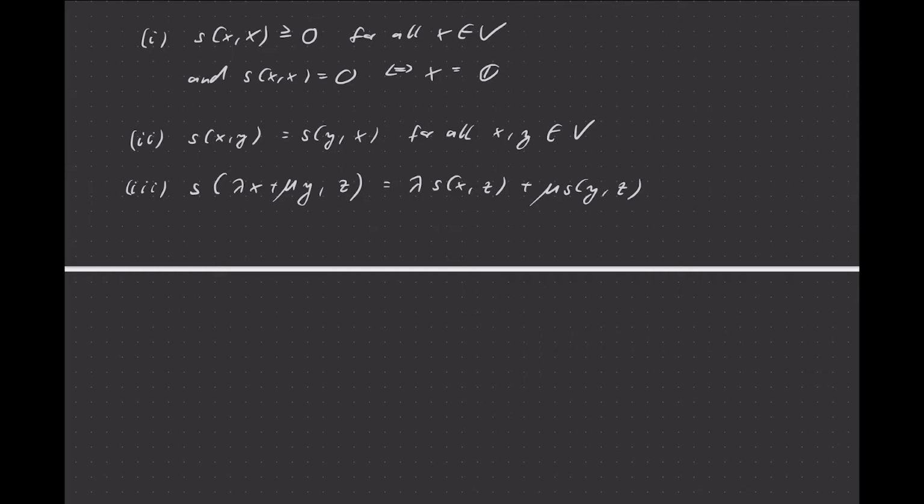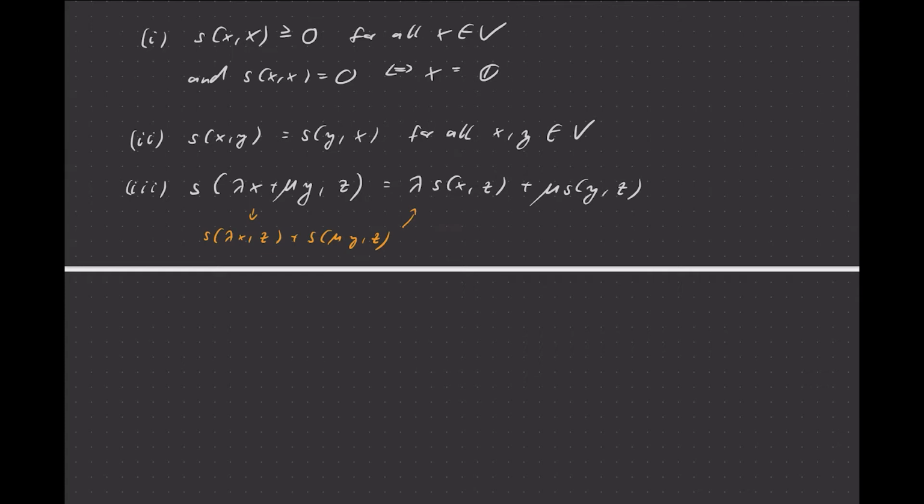So actually I did two steps at once, of course. First step would be something like this is S of lambda x and z plus S of mu y and z. So that's the first part of linearity. You can take out the plus here. And then again, you keep the z fixed in both of these.